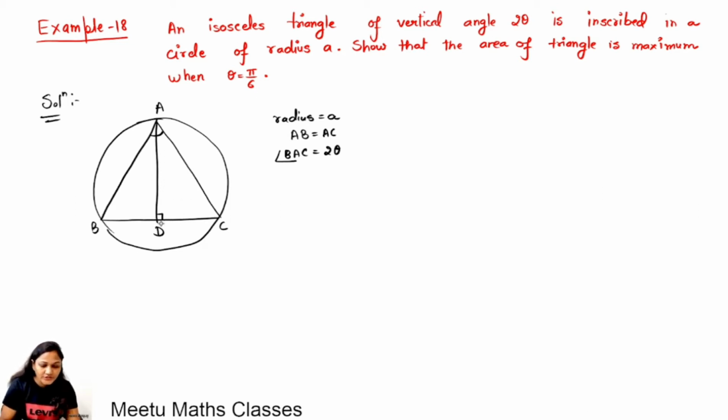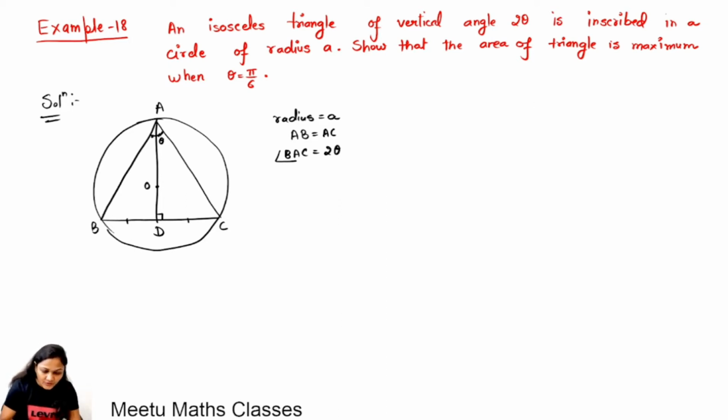So the altitude AD will be equal to the median and also the angle bisector. If the vertical angle is 2 theta, then this angle is theta. Now, the perpendicular bisector of a chord must pass through the center of the circle. So the center of the circle must lie on AD.